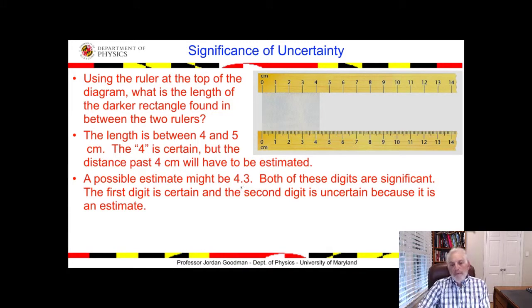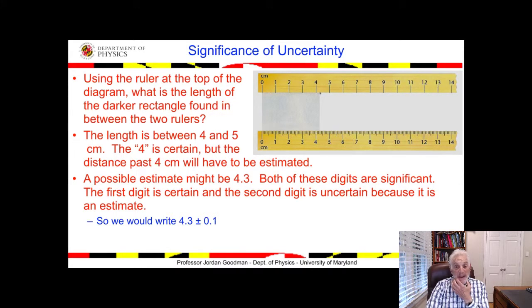If we estimate that, both of the digits are significant. The 4 and the 3 are both significant. The first digit is certain, and the second digit, because we guessed, is our estimate, but they're both significant digits. So we would write this down as 4.3 plus or minus 0.1. And the 0.1 would be because we had to guess on this last digit.